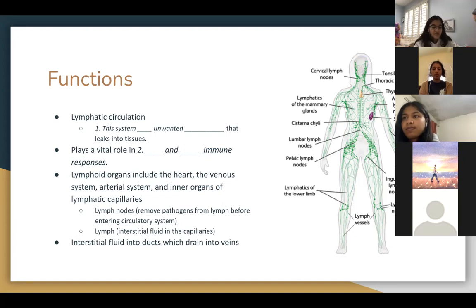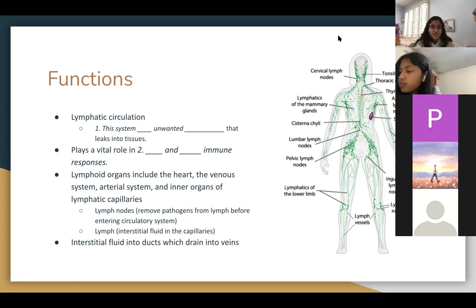Okay, so basically, this system removes unwanted blood plasma and basically interstitial fluid, like I said, that leaks into tissues. So it removes unwanted lymph.